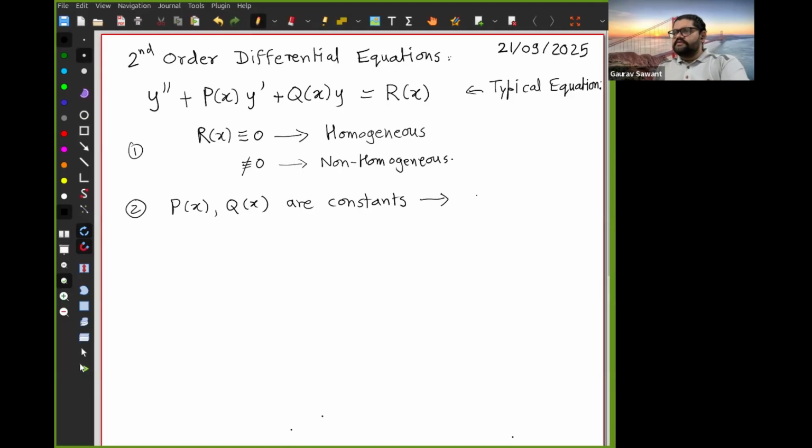This I will just write as DECC, differential equations with constant coefficients. You just construct the auxiliary polynomial, find its roots, and depending on whether they are repeating, non-repeating, or if there is a complex pair, accordingly you will have a certain form of the solution.